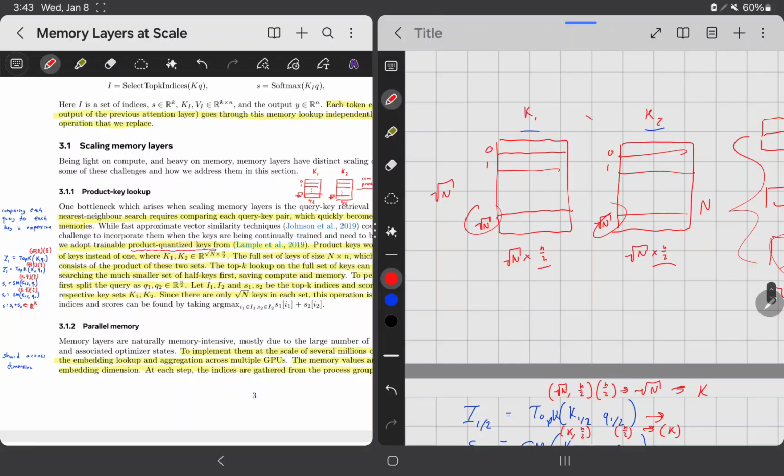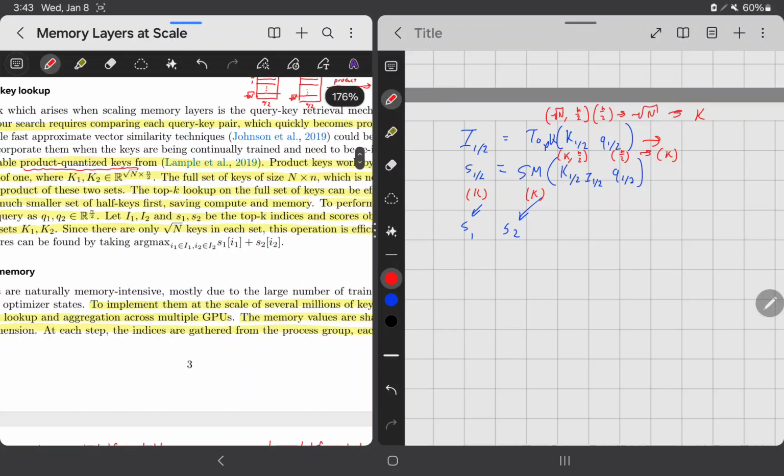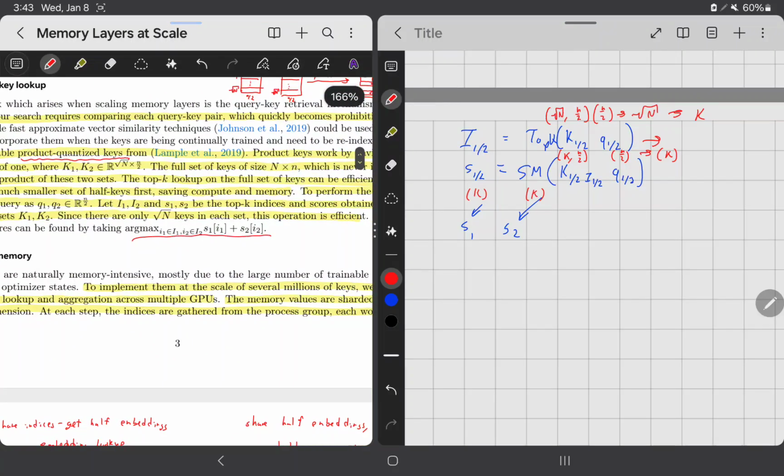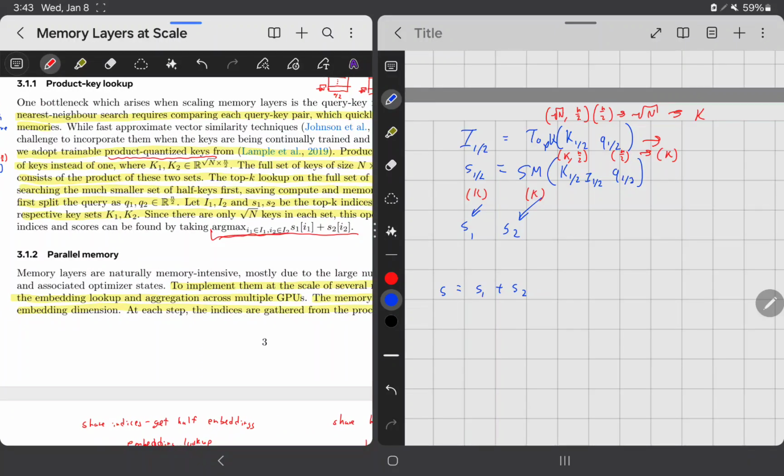So K1 and K2 correspond to S1 and S2, and the first and second half of Q. Then I think what they're saying here is that the combined version of S is equal to just S1 plus S2, so you basically just sum them. I could be wrong, this notation is a bit strange, but I think that's all they're saying: you just sum the values from the two parts.